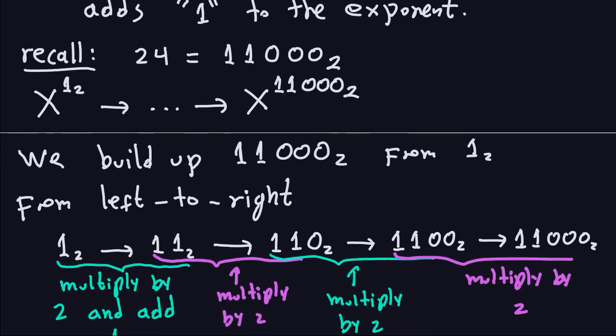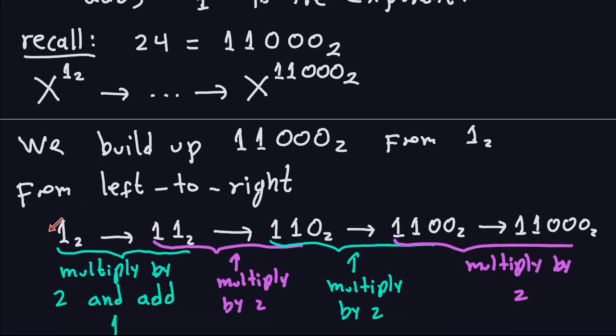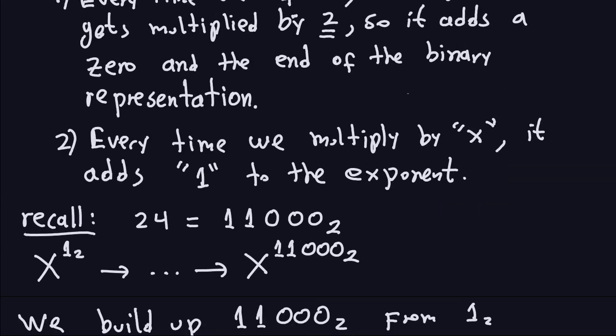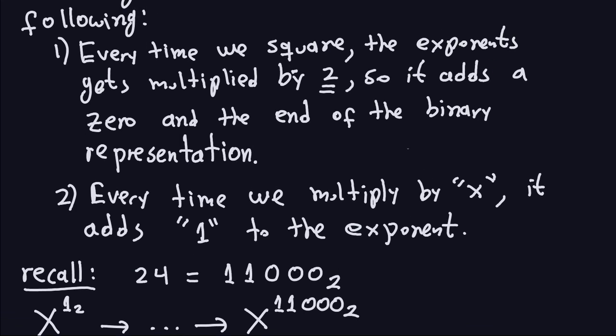So what do I have to do? If I start with 1, what do I want? I want to create the next digit here. Remember, because we want to create a new digit, we first add a 0 at the end, and we're also going to add 1 to that.